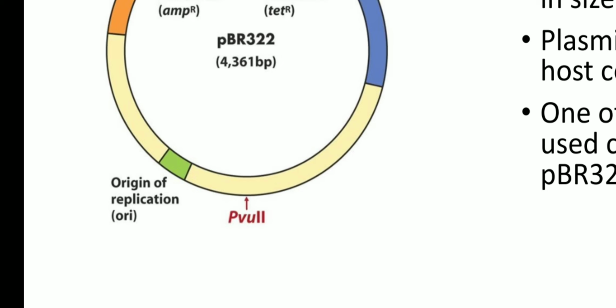ORI, origin of replication site. What is the function of this ORI site? The origin of replication refers to a specific location in the strand at which replication begins. Here replication starts from this point.